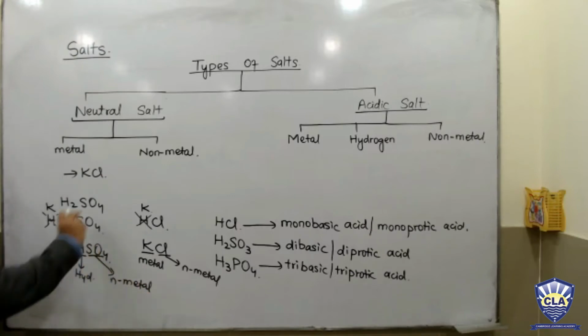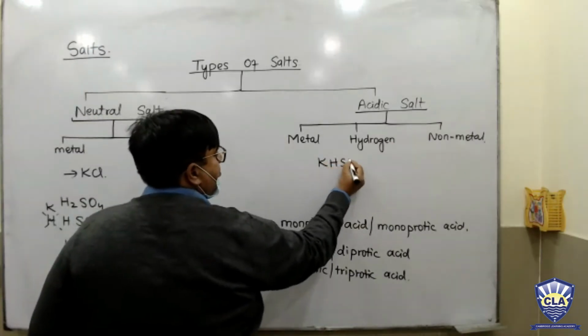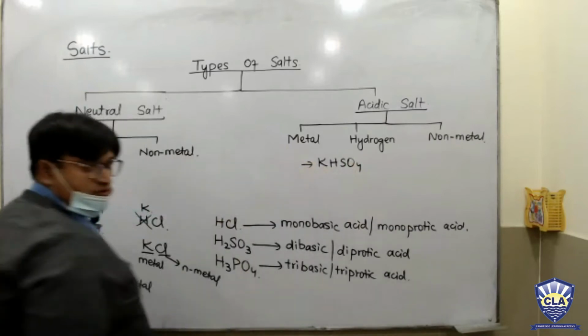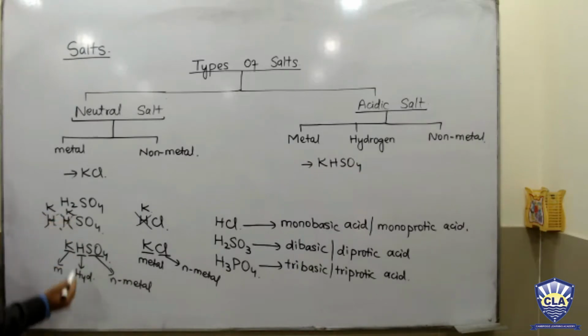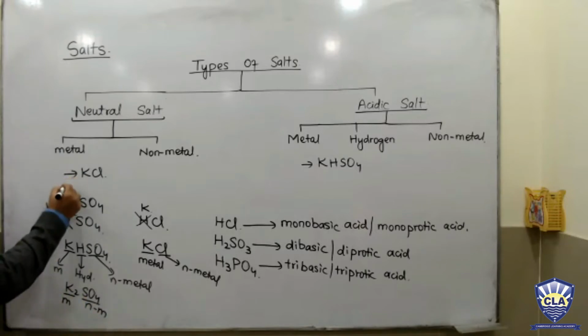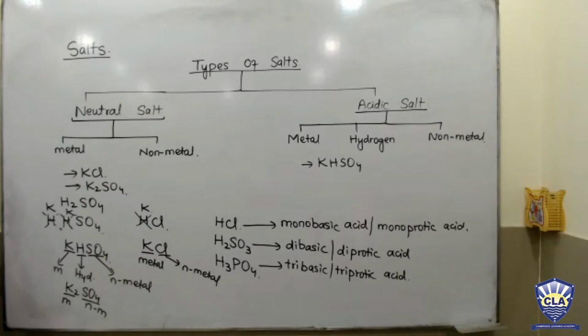So you are going to get the acidic salt KHSO4. Okay, and just like that, in the other step, this hydrogen would be removed and one more K would be attached with it. So it would become K2SO4. This is metal and this is non-metal. So this is the neutral salt which is being produced, K2SO4.